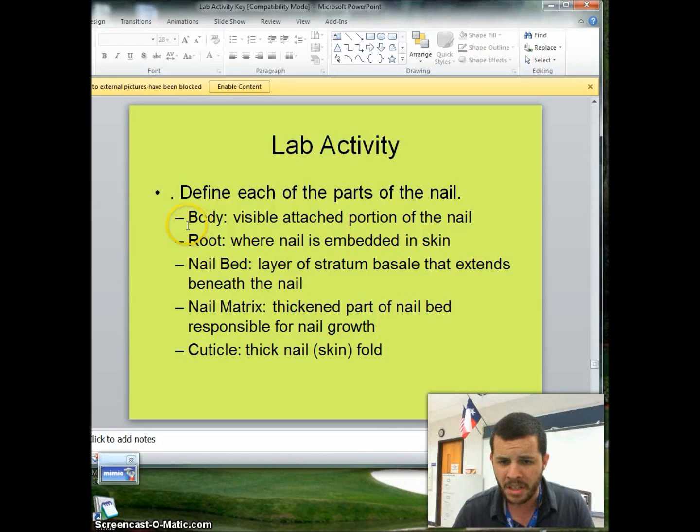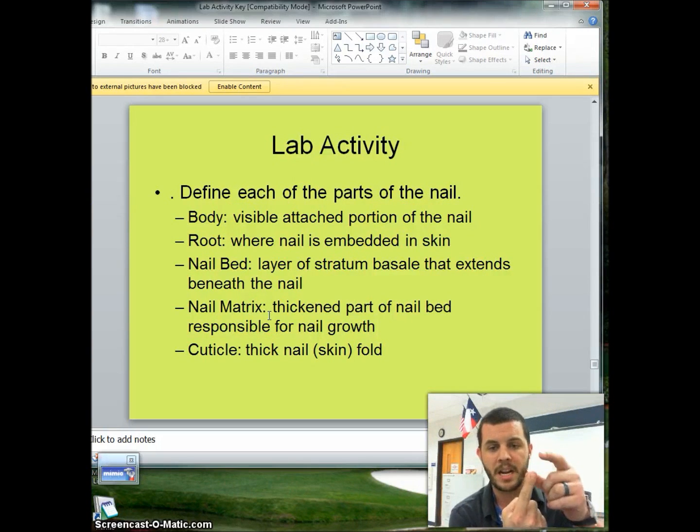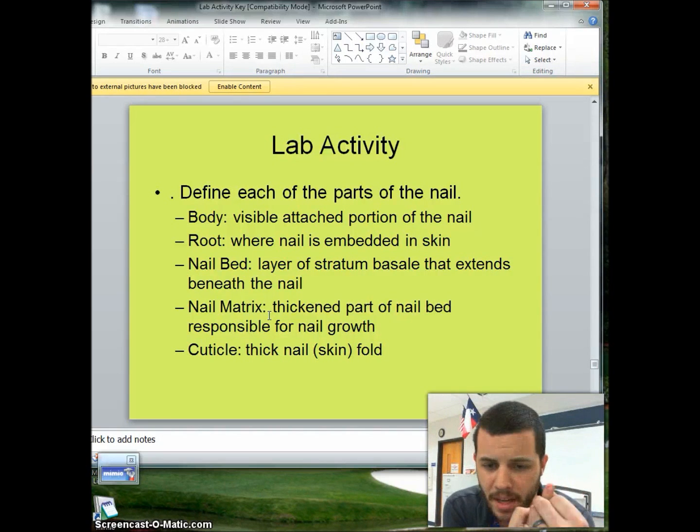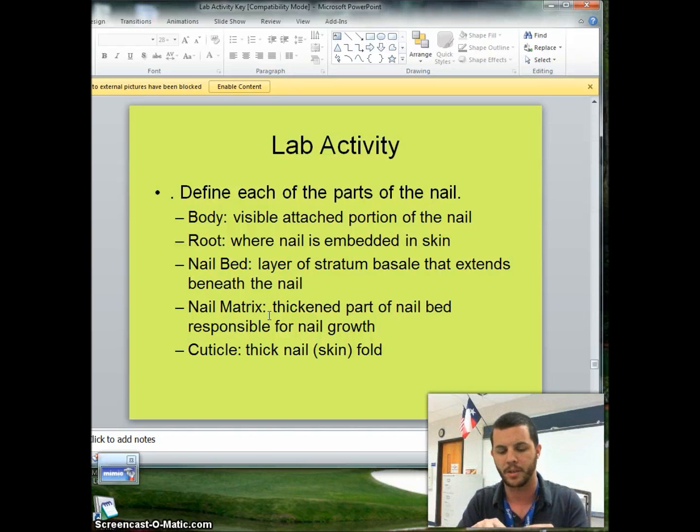Continuing on with the parts of the nail. The body of the nail is the visible portion. The root of the nail is underneath the skin. The nail bed is a stratum basale layer found underneath the nail. If you were to rip off your nail, the skin underneath would be the nail bed.